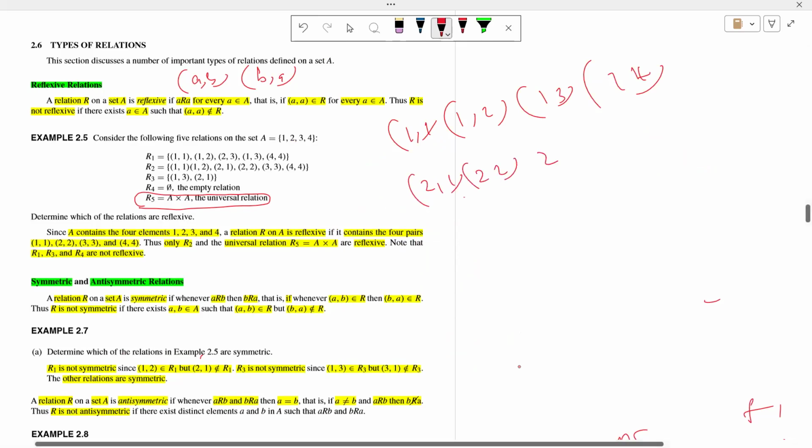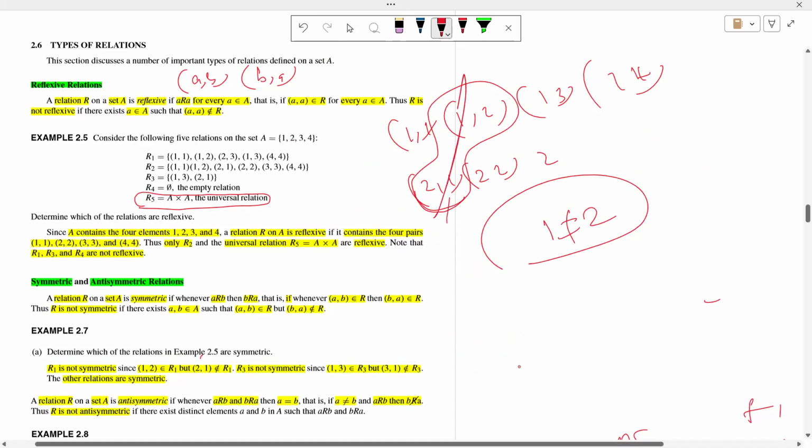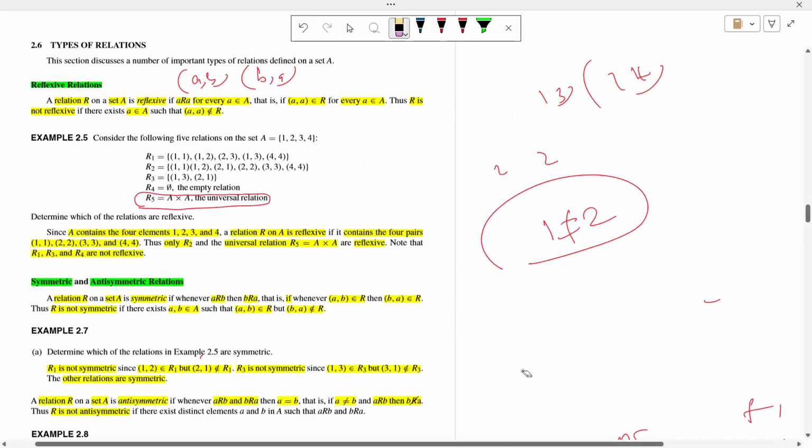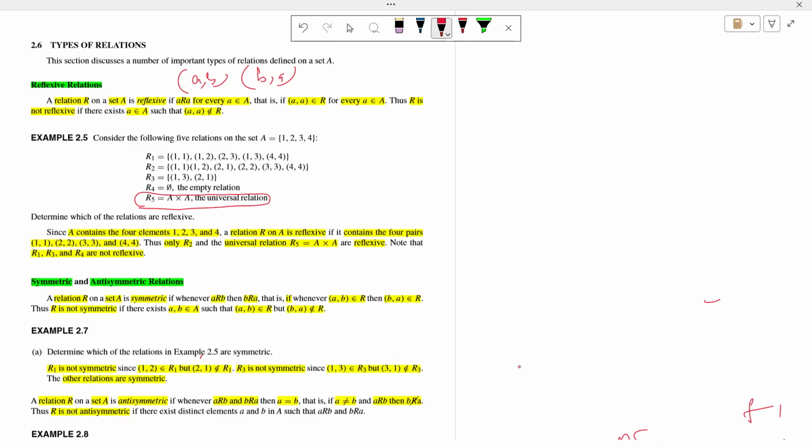So here 1 comma 2 and 2 comma 1 are also there, without 1 being equal to 2. It means it is not antisymmetric. So there is a small mistake in the sentence. I will correct it and send it to you. Here, R1 only is antisymmetric; R2, R3, R4 and R5 are not antisymmetric.